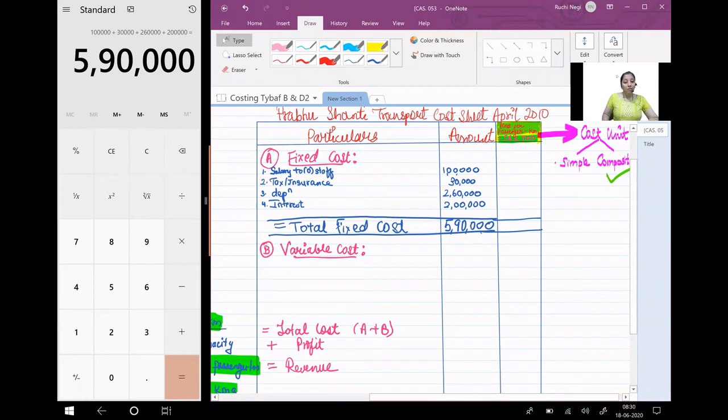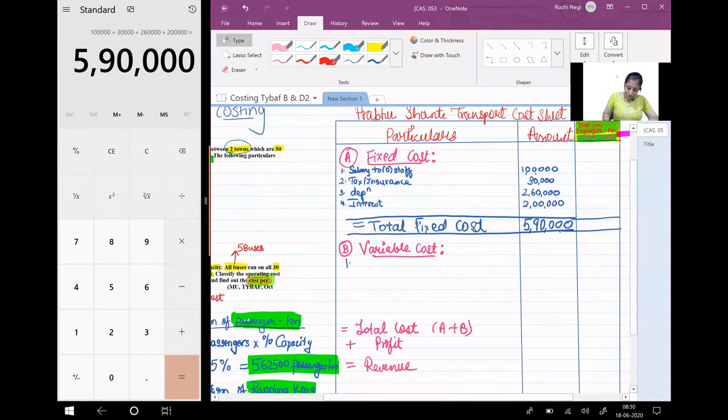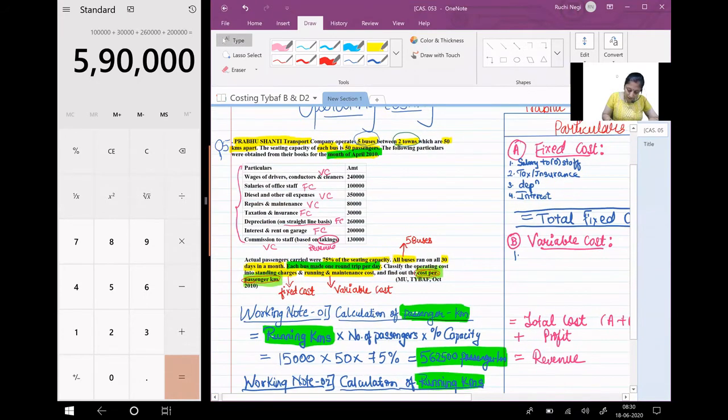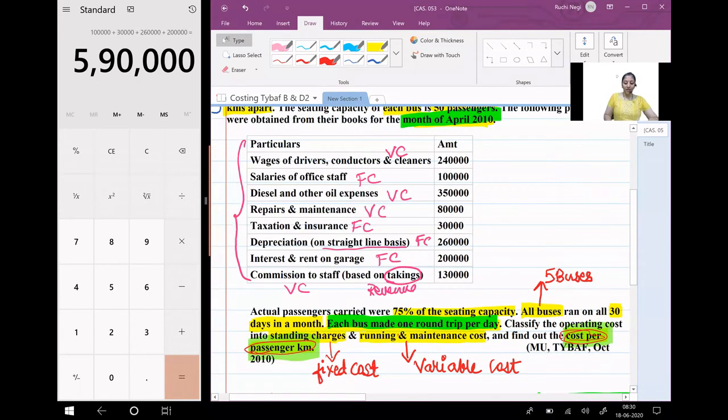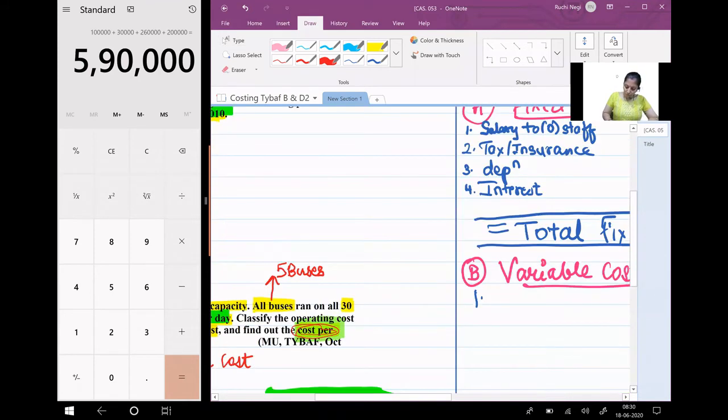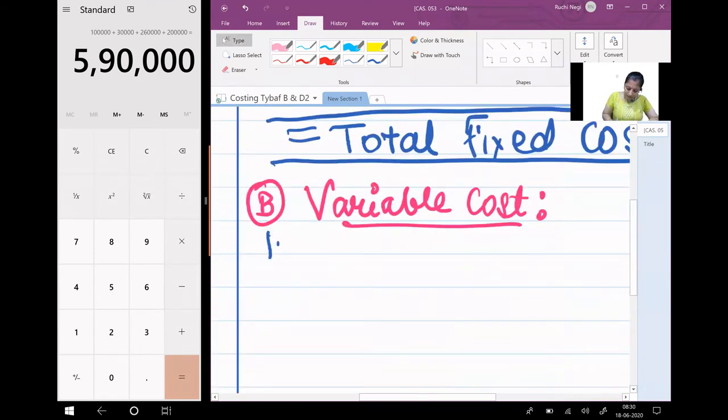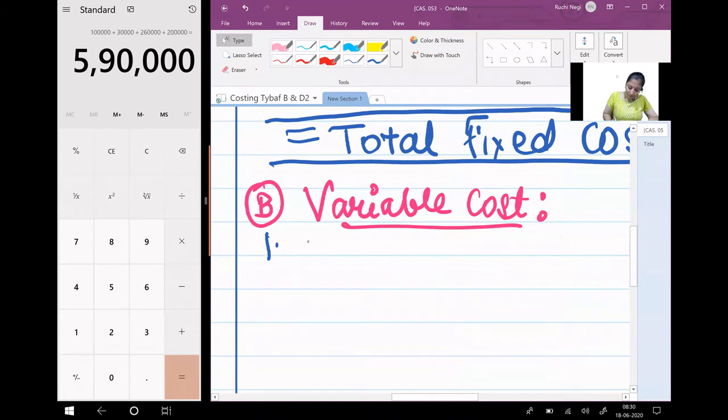Now come to variable cost. So in variable cost, what do I have first? I have wages of drivers, conductors, and cleaners. So we don't have to write all that. I'll directly write. We know there is a word used for all these people, and that is operating staff.